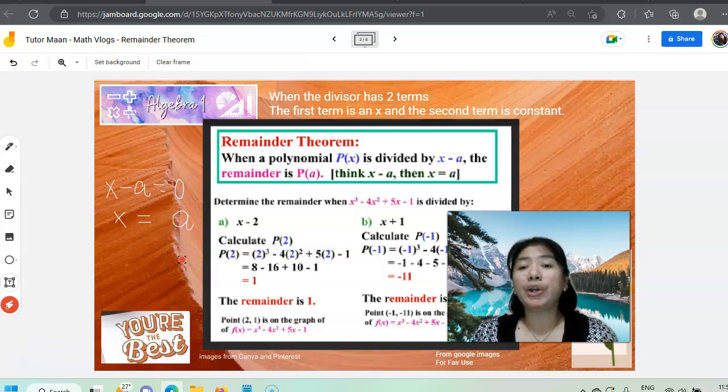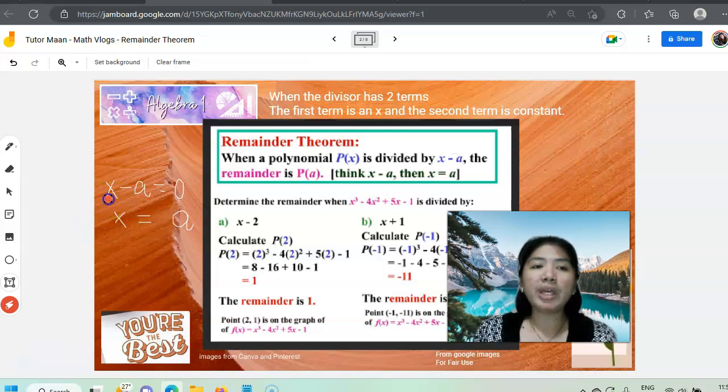A root is a point along the x-axis. This is also a very beautiful math. If a value of x is a root, then the value of y is 0. That's why we equate this factor with 0.